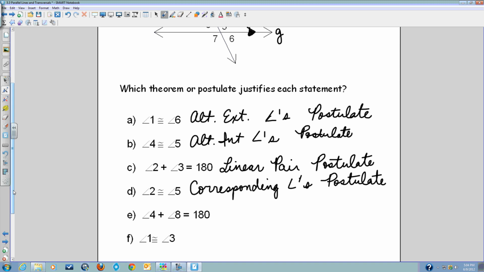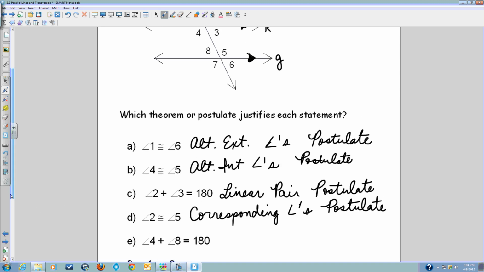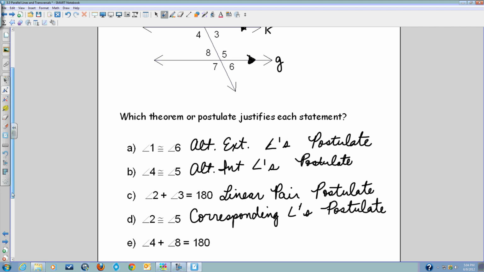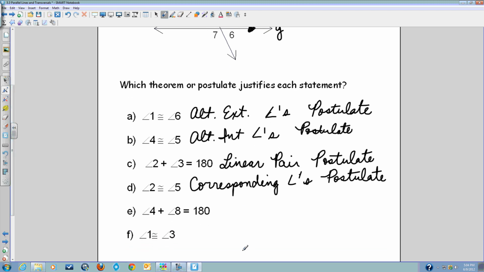Angle 4 plus angle 8 equals 180 degrees. Well, angles 4 and 8 are consecutive interior angles. So we're going to say the consecutive interior angles postulate.